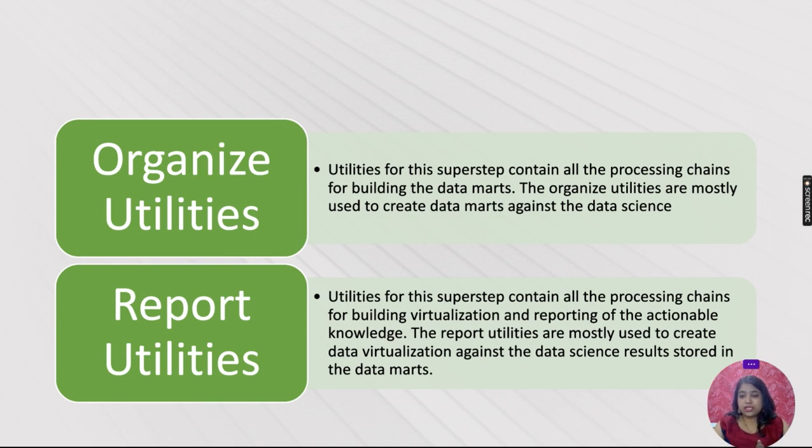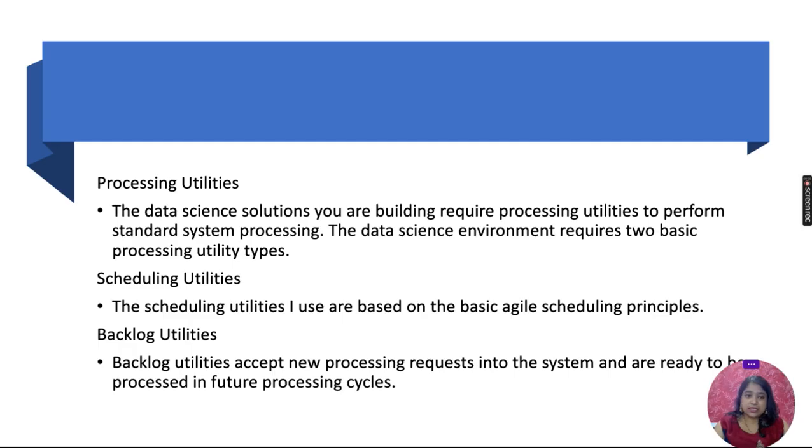The report utilities are mostly used to create data virtualization against data science results stored in the data mart. And basically these are used for displaying the output to the user. If it's visualization, then we are able to understand the data.